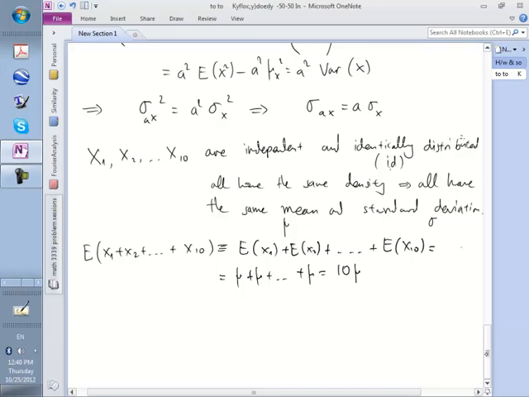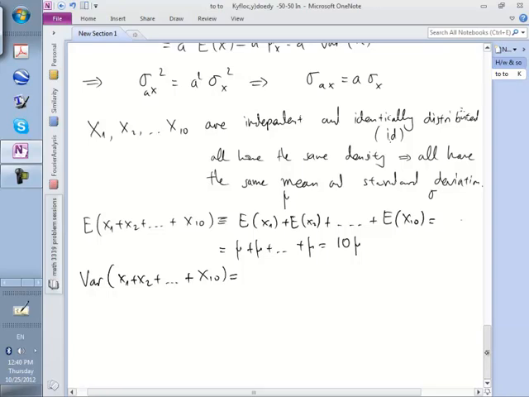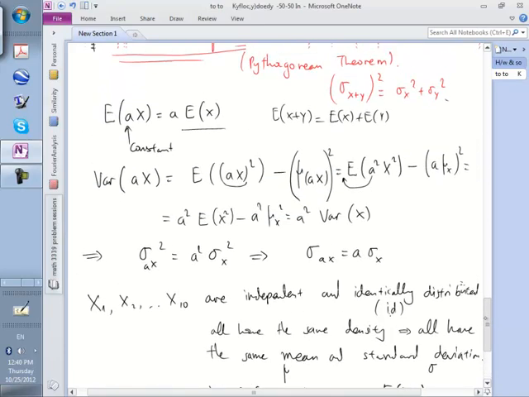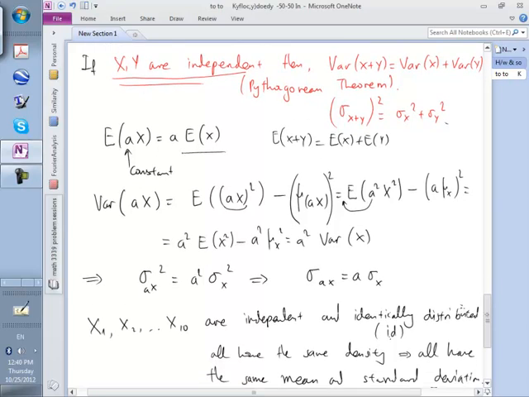Nothing difficult so far. Now let's go to the variance of the sum of all of them. What do I know about the variance of the sum? The Pythagorean theorem. But what do I need? I need independence between the random variables.